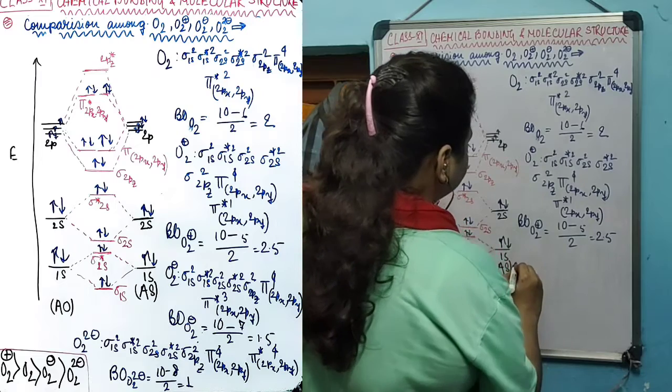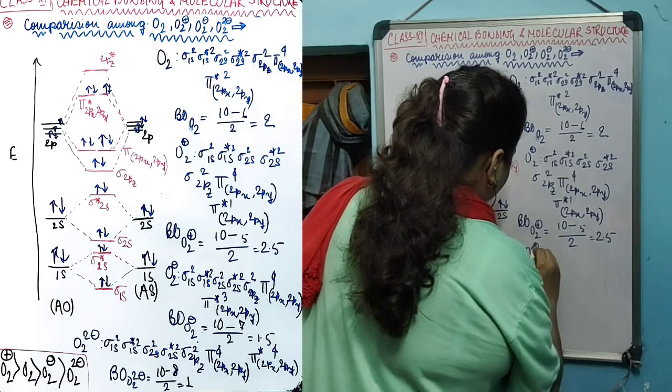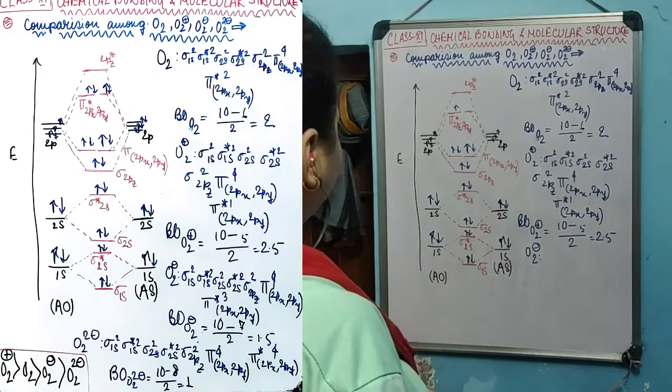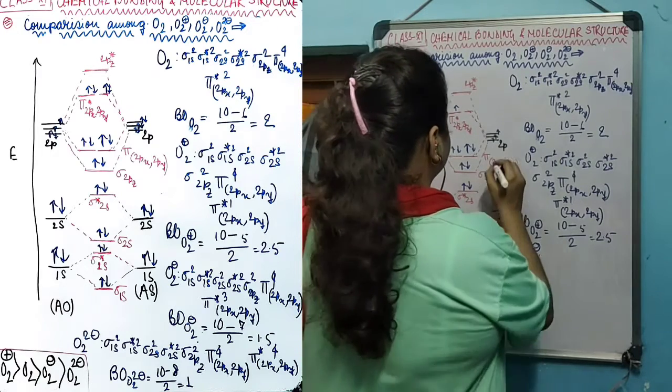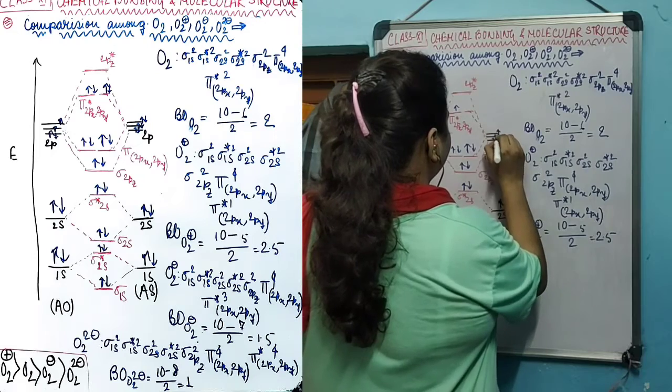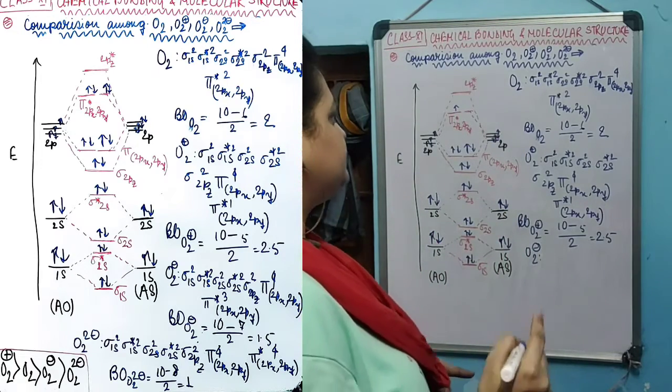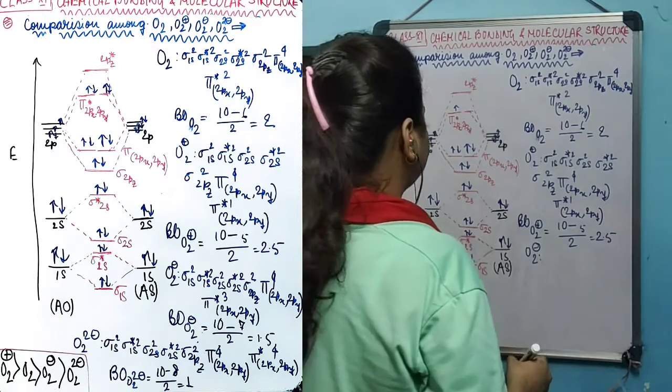Let's construct the bond order for O2 minus. For O2 minus, there will be an extra electron on the second species, making the entire species negative in charge.